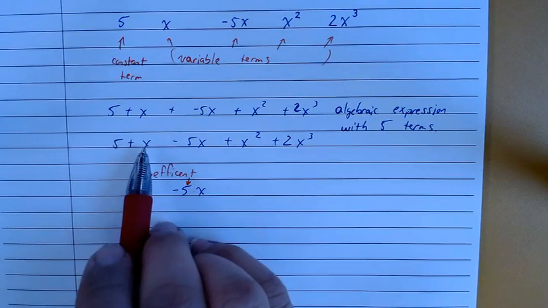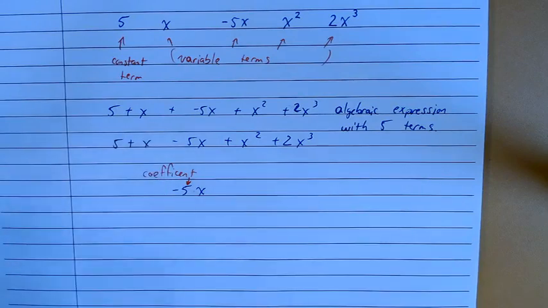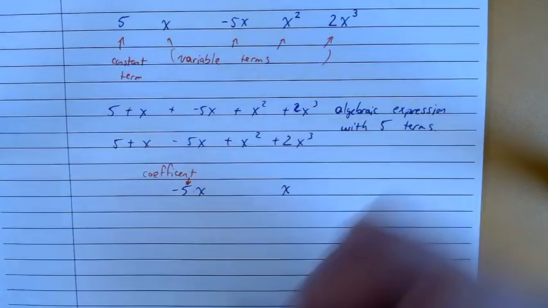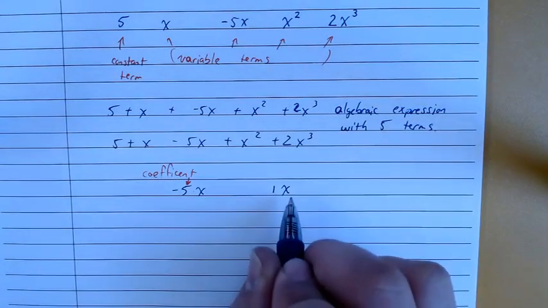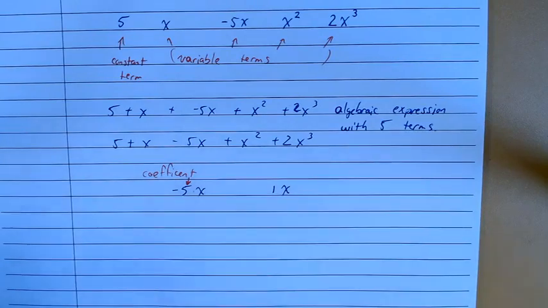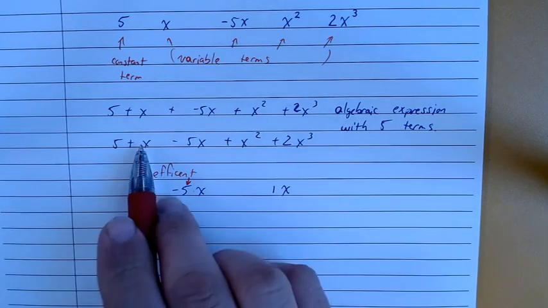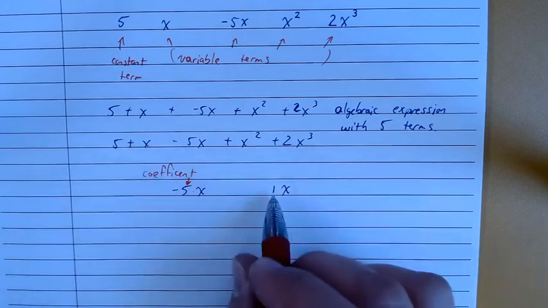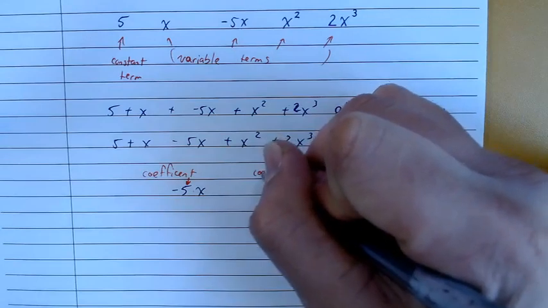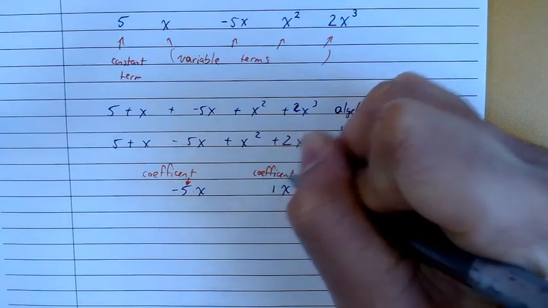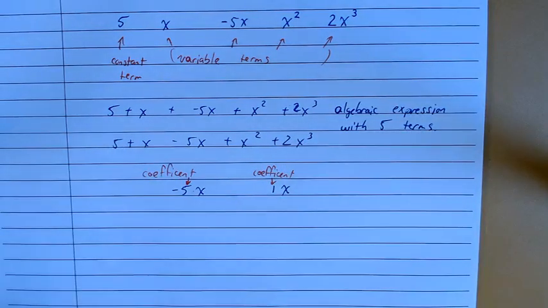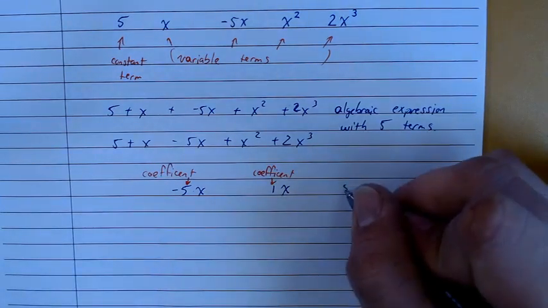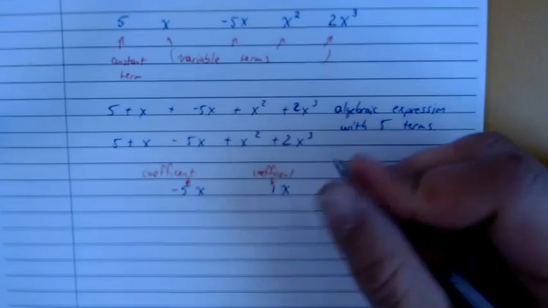Now, if you have a variable by itself, say for example x, you say, okay, that doesn't have a coefficient? Yes, it does. It's the number 1. Because after all, x is the same as saying 1 times x. So if you have a variable by itself without any number, it's understood that there's a number 1 there. x is the same as saying 1x. So again, that's the coefficient. If you happen to have a number that's just by itself without any variables, well then the entire term is just the coefficient. So the number 5 is the coefficient.